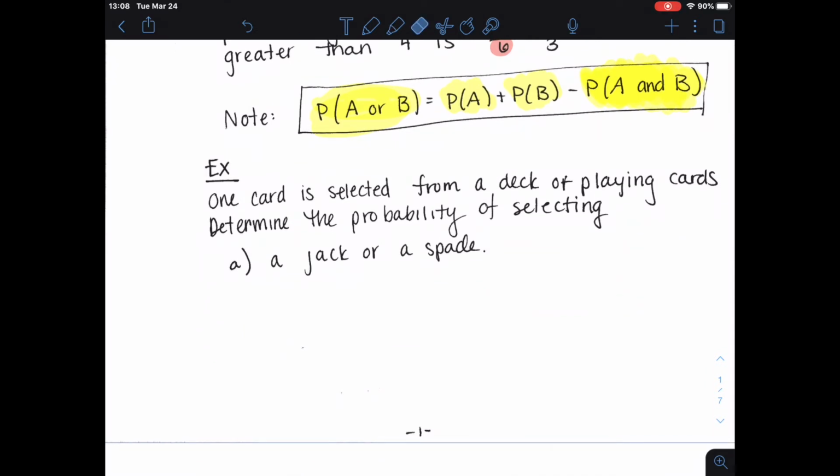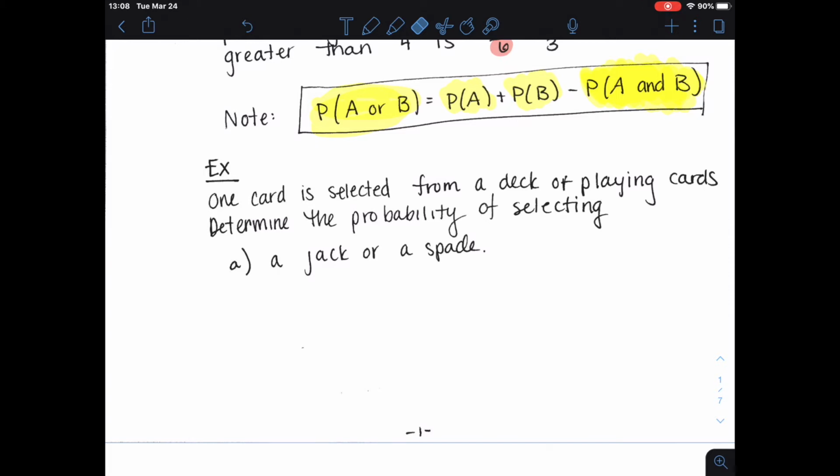We want to figure out the probability that one card selected from a deck of playing cards is a jack or a spade. This is where we run into a bit of an issue, because with spades, you don't want to list out every single one of them. There are 13 cards that are spades. I don't want to have to count this overlap and count every single individual card.